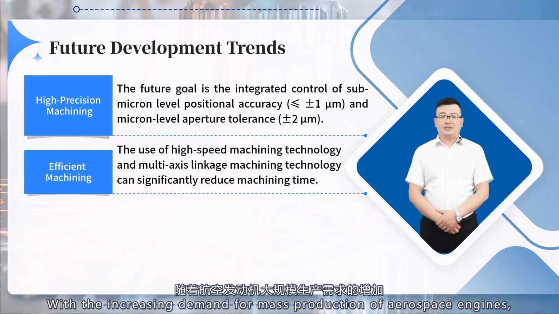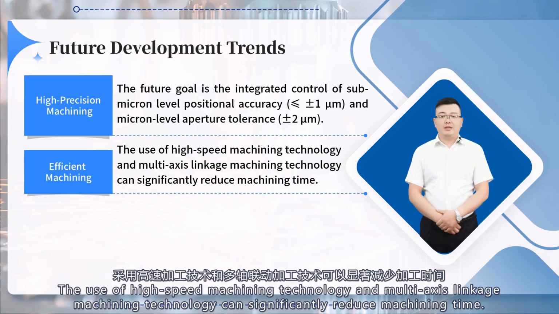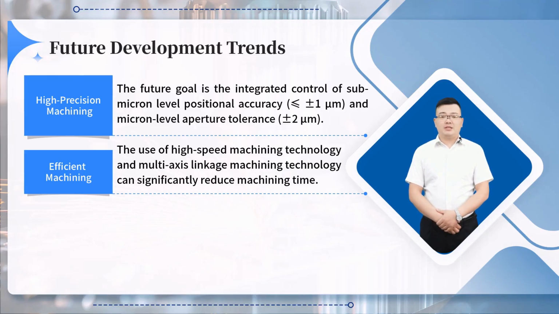Efficient machining. With the increasing demand for mass production of aerospace engines, improving the efficiency of film cooling hole machining becomes particularly important. The use of high-speed machining technology and multi-axis linkage machining technology can significantly reduce machining time.